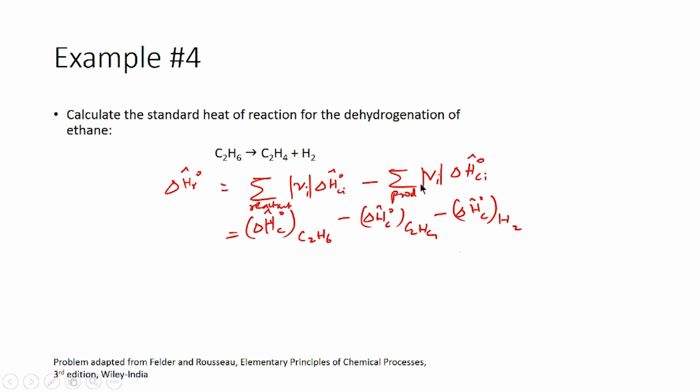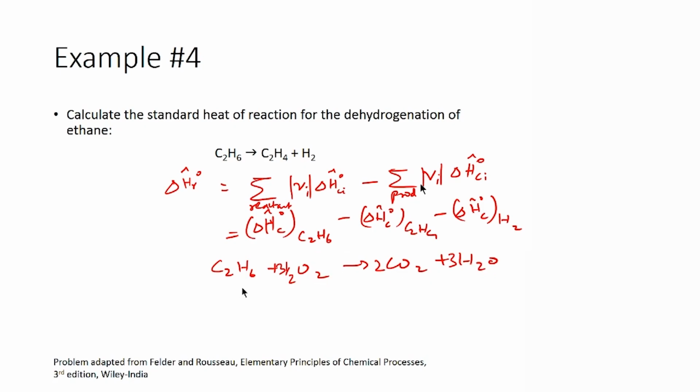Now let us look at the combustion reactions for the individual components and see if the equation can be derived. You have C2H6 plus oxygen forming CO2 plus H2O. So you would have 2 CO2 and 3 H2O being formed, involving 3.5 moles of oxygen reacting, so that you have 7 atoms of oxygen, 4 plus 3.